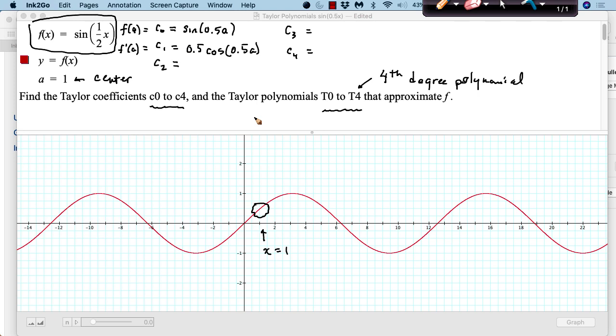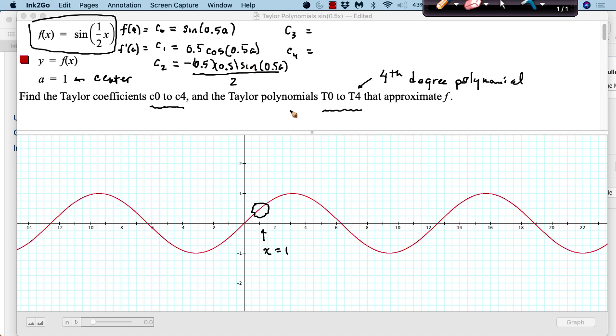What's C2? Negative. So the second derivative would be negative a fourth, sine, and then the argument right there. Good. All over 2 factorial, or 2.